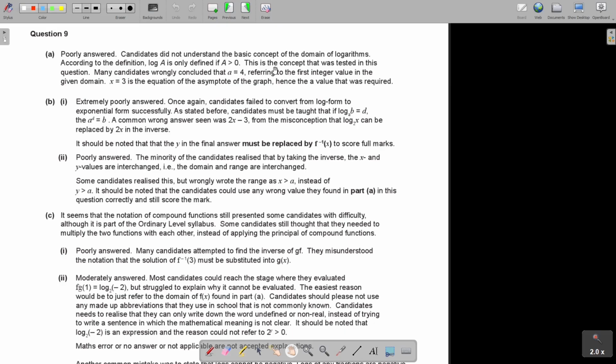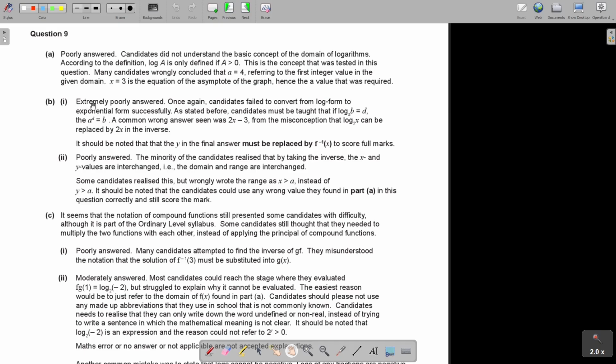That's where logs exist. This is the concept that was tested in this question. Many candidates wrongly concluded that A is equal to 4, referring to the first integer value in the given domain. x equals 3 is the equation of the asymptote of the graph, hence the A value that was required. So it was x is equal to 3.